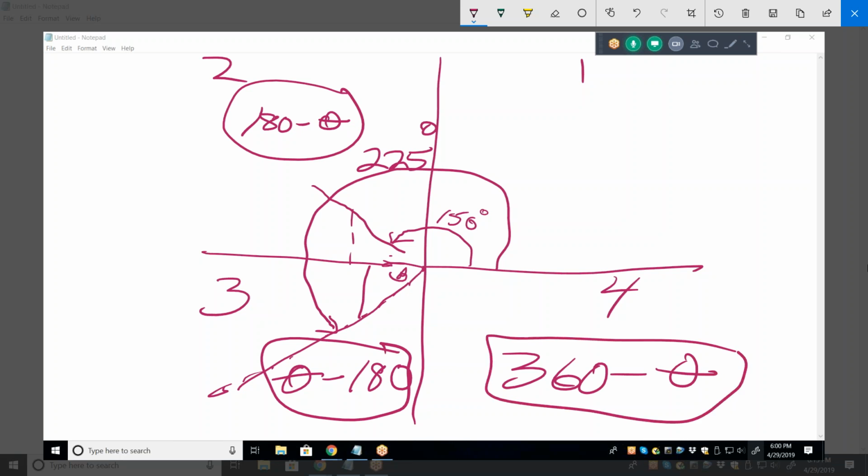So just memorize those three. And if you're in radians, then what is it going to be instead of 180 minus theta? Pi minus theta. Yeah. And down here, it's going to be theta minus pi. And over here, it's going to be 2 pi minus theta.